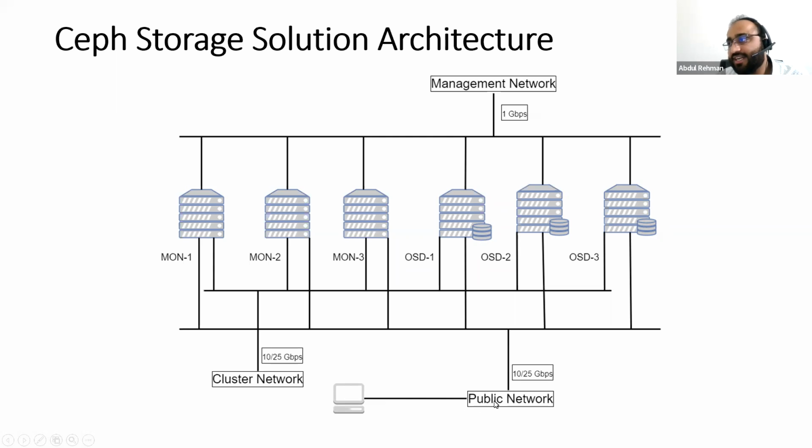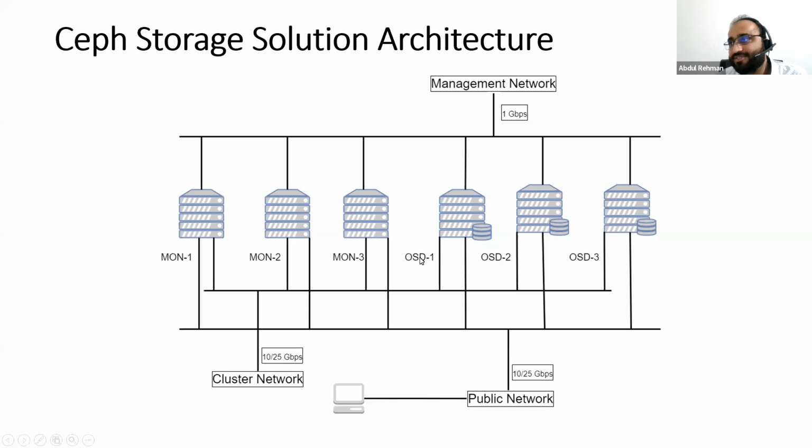The client needs to connect using at least 10 or 25 Gbps, and similarly there should be a cluster network. If OSD1 needs to replicate some data to OSD2, it should go over the cluster network to avoid degrading the performance of the public network.